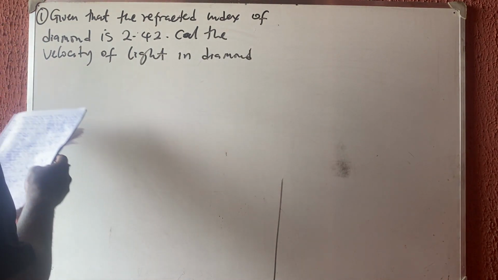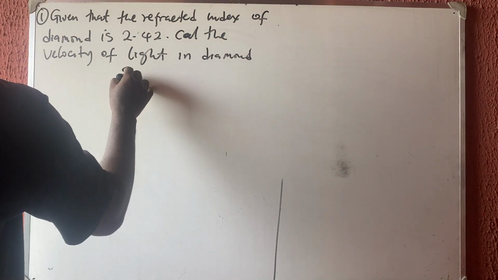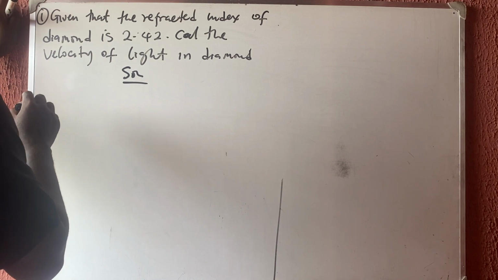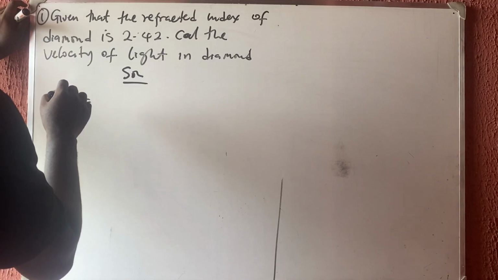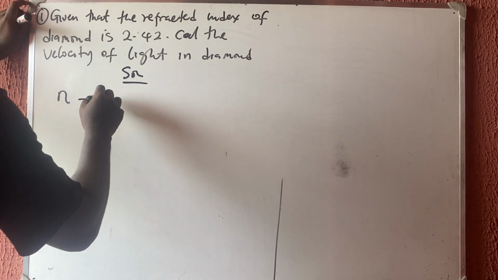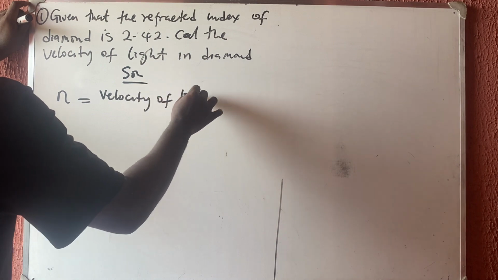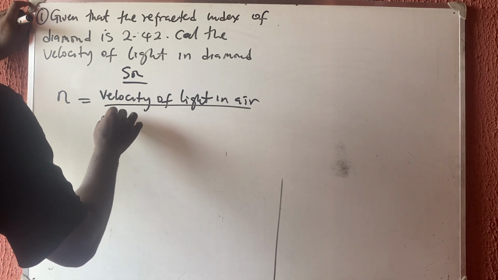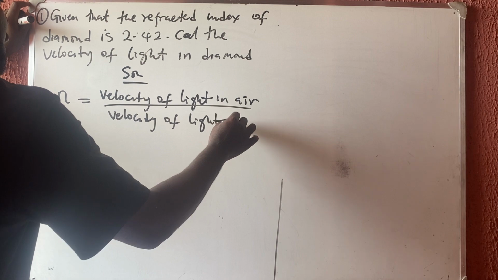Okay, calculate the velocity of light in diamond. Solution: now this is very, very simple. We know that the refractive index is equal to the velocity of light in air over the velocity of light in that material.